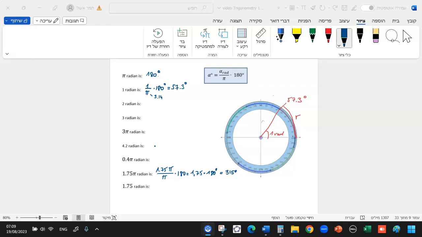When we have 1.75 radians, it means an angle subtended by an arc with 1 radius and another 0.75 of the radius. Something like this. We have 1 radius and another 0.75 of a radius.